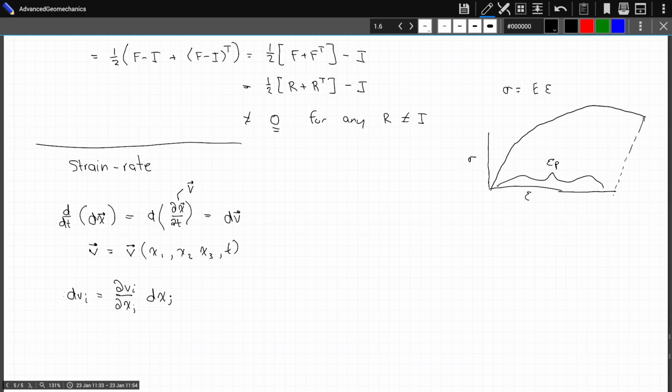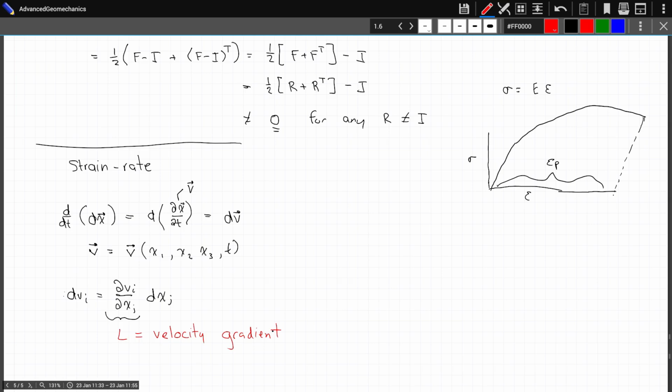This thing is called the velocity gradient, and we always use the symbol L. Remember, I told you before that a lot of the symbols we use are defined in the book by Malvern, the continuum mechanics Bible.